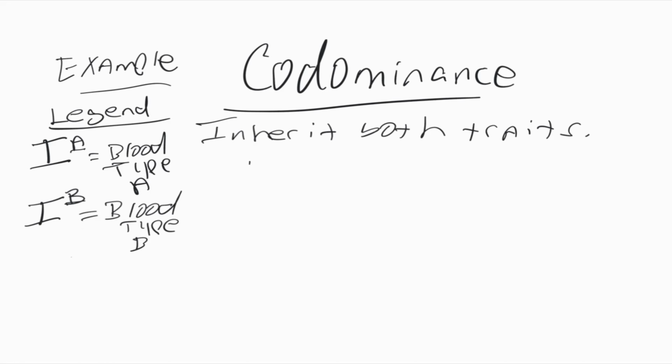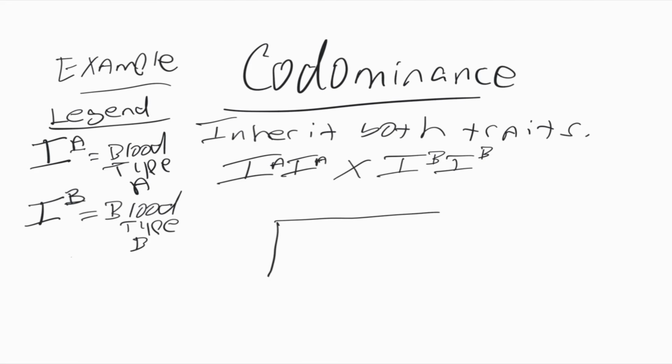Okay, parent number 1 has blood type A times parent number 2, who has blood type B. Let's look at the kids. Codominance, inheriting both.